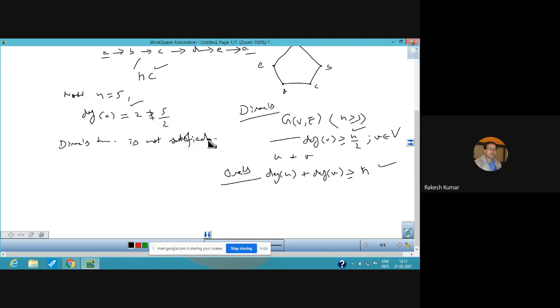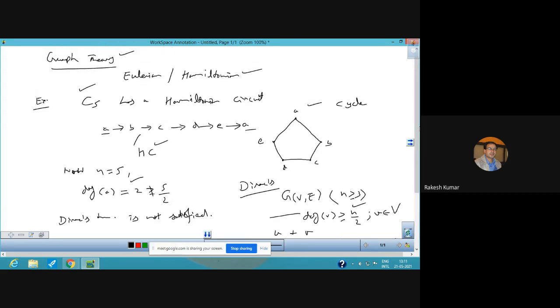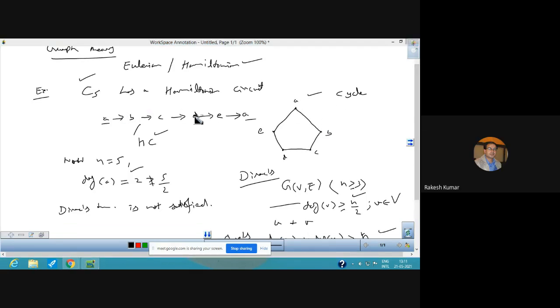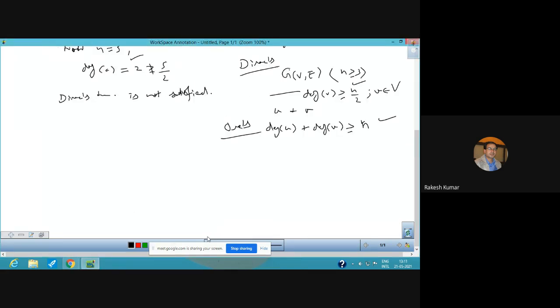So this is an exceptional case where Dirac's theorem is not satisfied, but in spite of that, the graph contains a Hamiltonian circuit. This is the circuit we have, because it satisfies the basic definition of a Hamiltonian circuit. Now come to Ore's theorem. Suppose I take non-adjacent vertices A and C. Now, what is the degree of A plus the degree of C?